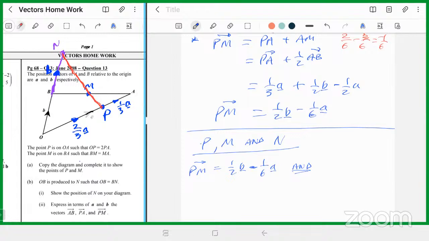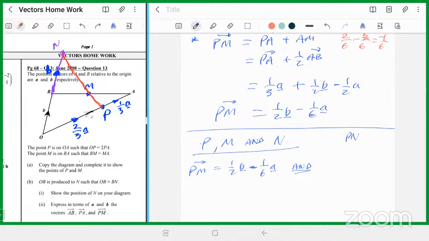No, remember, since we're going this way with the PM, you want a vector going the same direction as the first one. So you're either going to use PN or you're going to use MN. Look at the diagram and tell me which one is easier to find. I'll write them out for you.